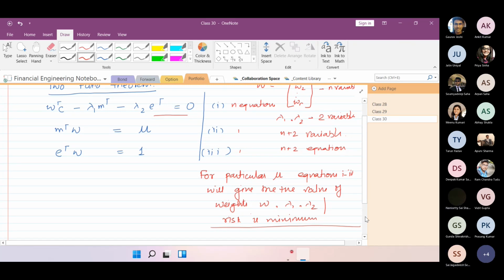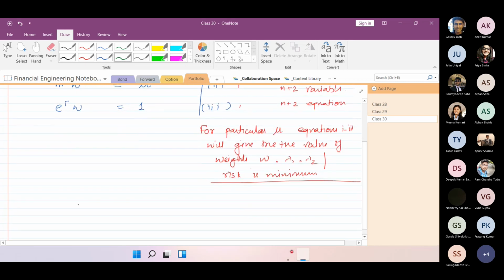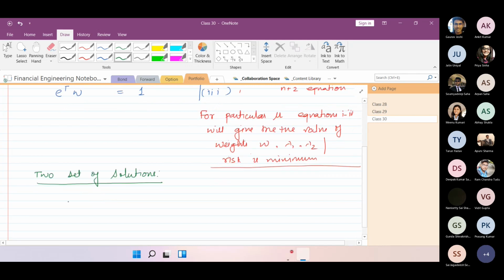Yes, sir. So now let's say that we have two sets of solutions. How we are going to get this, we will talk about in a moment, but first we try to understand that. Let's say that we have two sets of solutions. We have a weight, W superscript 1, which I am again calling a column vector.